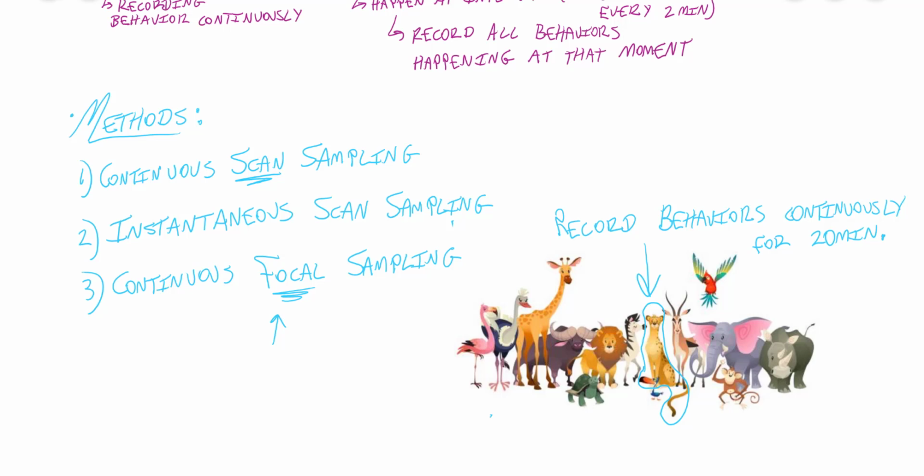You use focal sampling and scan sampling under different circumstances, right? Focal sampling can be very interesting if you're watching one individual in a group that are all the same species. Like, for example, if you're monitoring a herd of zebra, you pick one zebra, record the behaviors of that focal individual continuously for 20 minutes, and then maybe you go back again and scan sample the whole herd, and perhaps do instantaneous sampling instead, since there's a lot of zebras and it can be hard to keep track of all of them continuously.